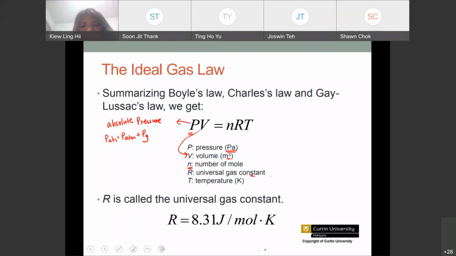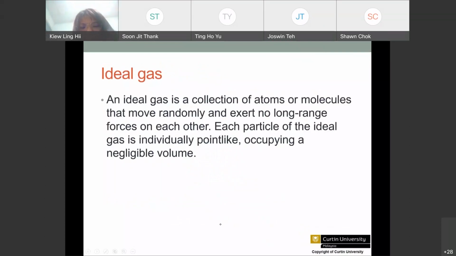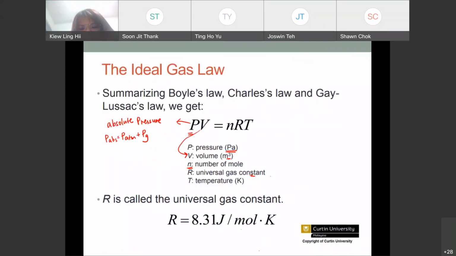All of these are in SI units. Because your constant is already in SI units, your other parameters here, your P, V, n and T, must also be in SI units.